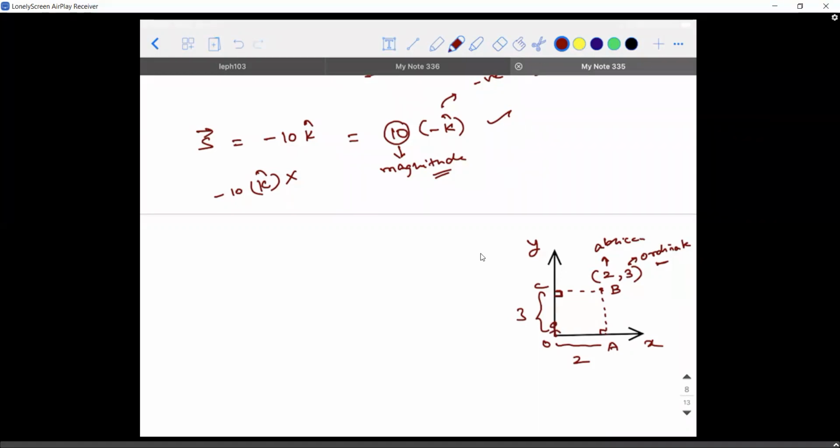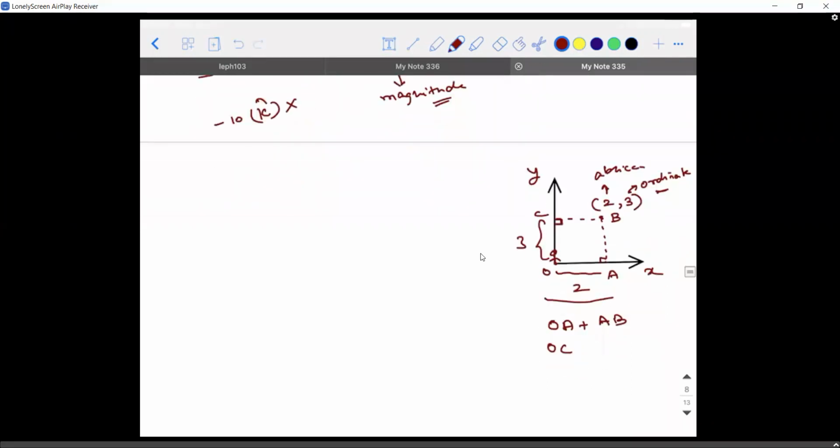I can go from O to A and A to B. Or I can go from O to C and from C to B. Or directly I can go from O to B. Out of these 3 scenarios, which one represents the displacement according to your definition?